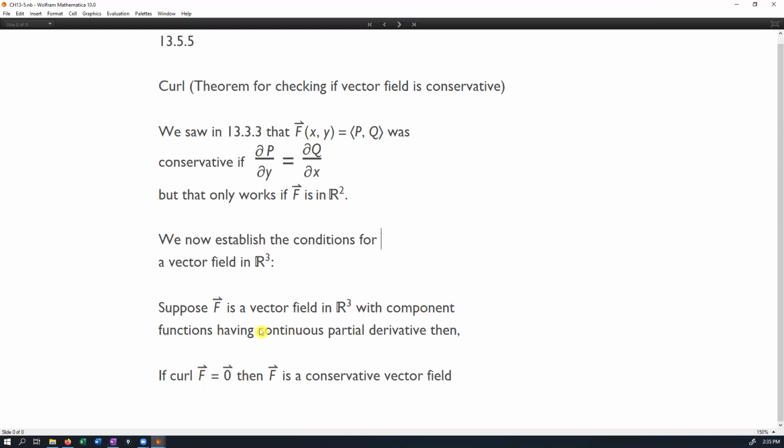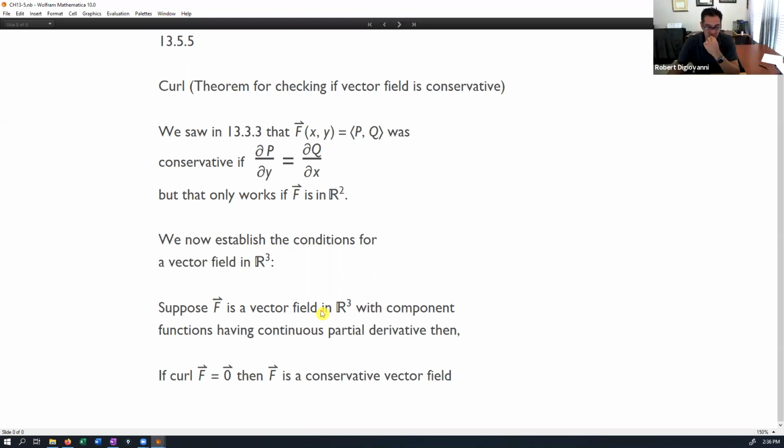I have a question. Yes. Since you can take the cross products for higher dimensional vectors, anything greater than 3, does that mean we could probably find whether it's a conservative vector field for any R to the n? Any higher dimensional space, let's say we're working in 4th dimensional space with an XYZW component and stuff like that. Yeah, we can extend this.